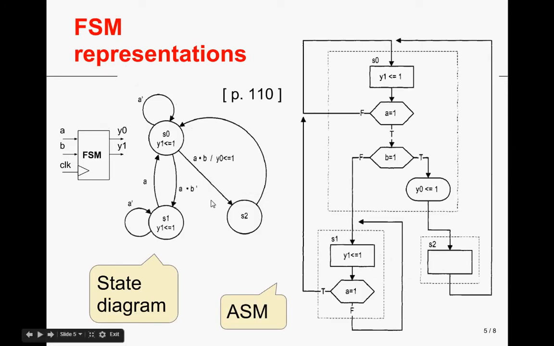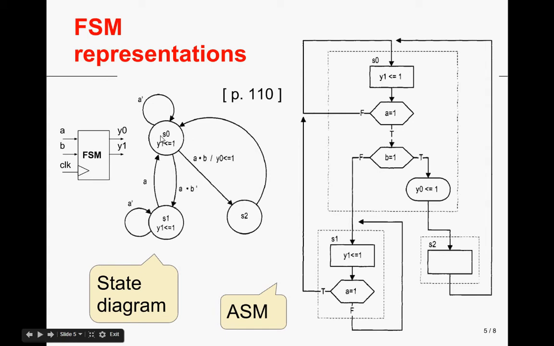Well, the two usual representation mechanisms for finite state machines are state diagrams, seen here on the left, and ASM, or algorithmic state machine charts, seen on the right.